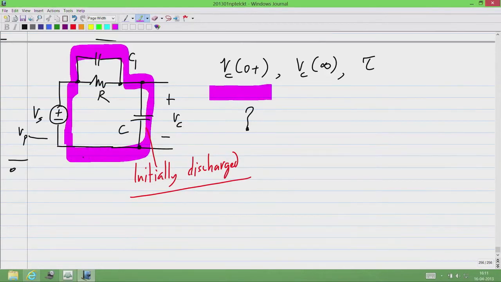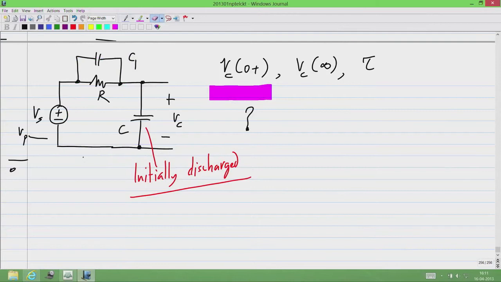So far we were considering that the voltage across a capacitor will not change instantaneously. We know that that is the case if the current through the capacitor is finite. Now, if you consider just after the step is applied, this voltage here, which is the sum of voltages across C1 and C, changes from 0 to Vp.